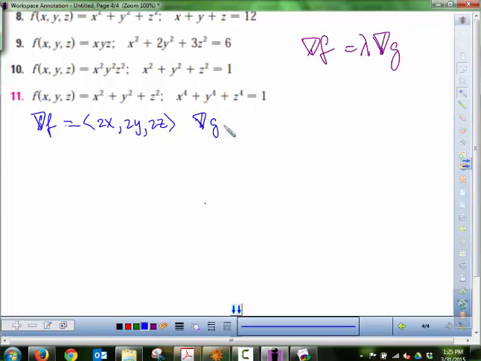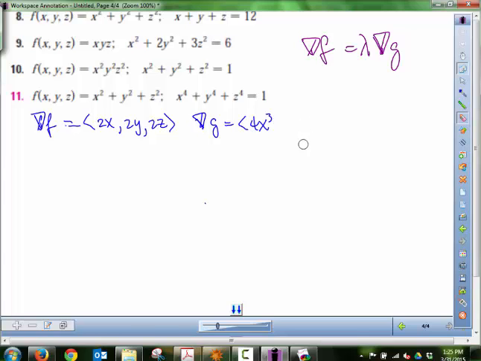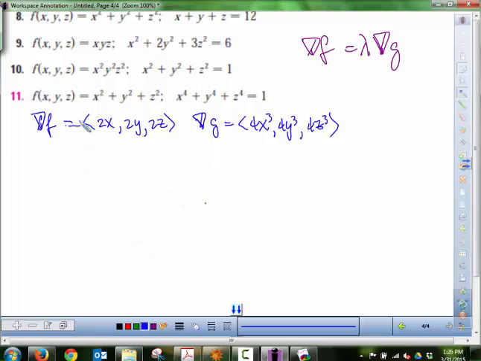The gradient of g is equal to 4x cubed, 4y cubed, 4z cubed. If you do this once or twice or three times, then you'll just figure out the equations without having to write this thing. But I'll write it one more time, and then next time I'll just jump straight into the equations.